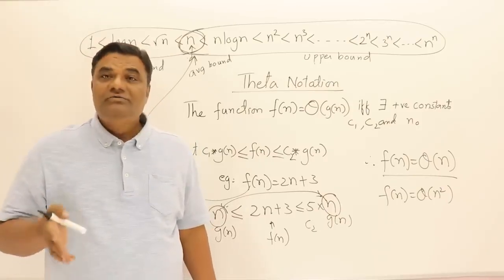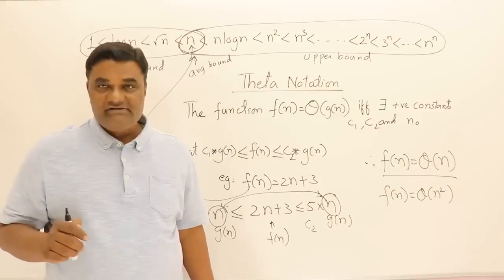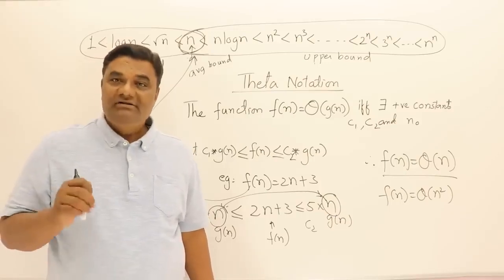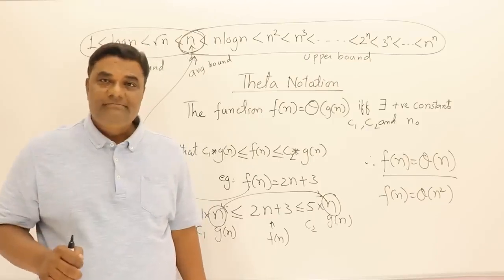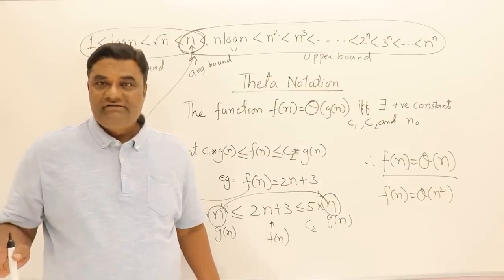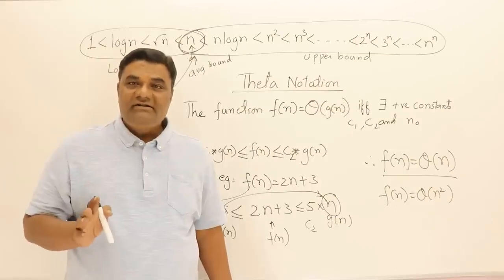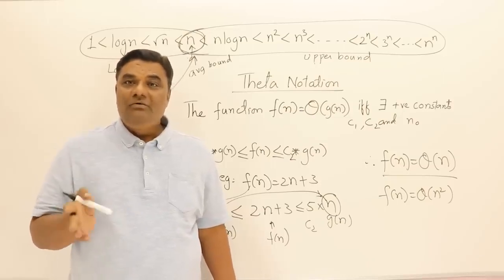No, you can use any notation for best case, any notation for worst case. I'll explain this point in some other video when I discuss best case and worst case analysis. So remember that this is not related to case analysis. These are just notations for representing bounds of a function.